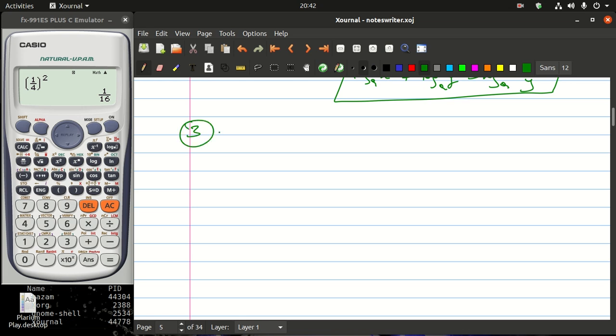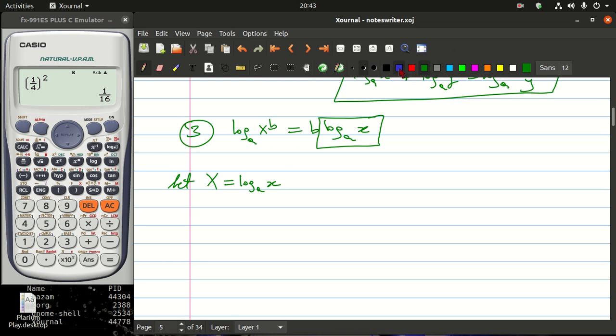Number 3 was just saying, can you prove that log_a of x to the power b is equal to b log_a x? So what we're actually doing, this is small letter x. Here we say let capital X be equal to log_a x.